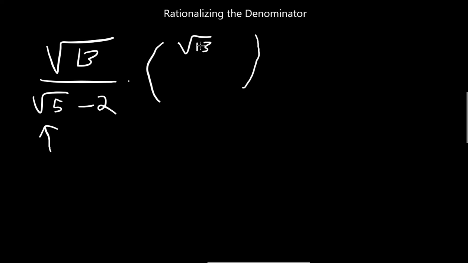So we're going to multiply this by negative square root 5 minus 2 divided by negative square root 5 minus 2. So let's see the top.